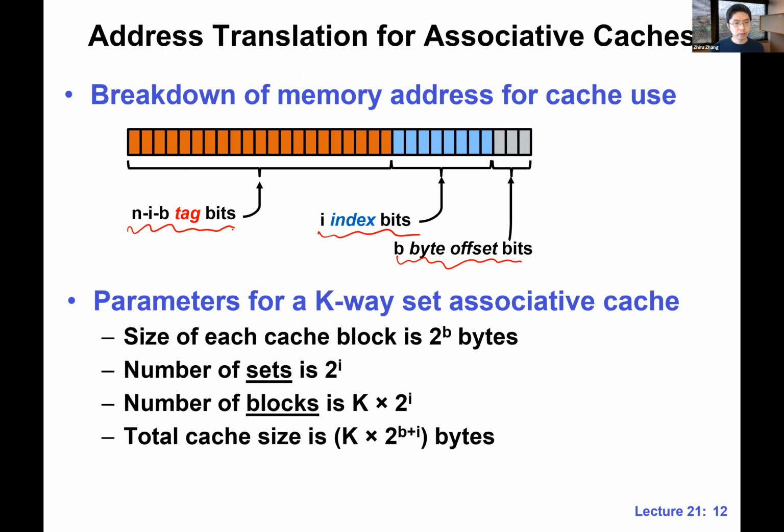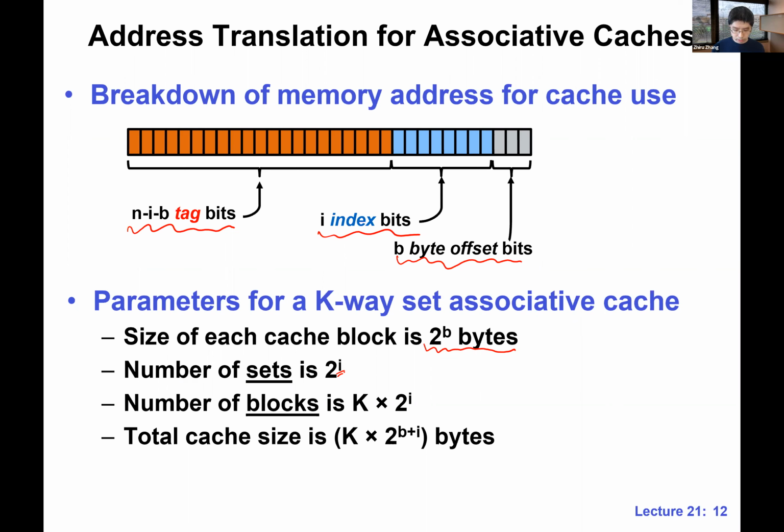All right, with this breakdown, we can again try to analyze the size of the cache. This is the size of the block: depending on how many bits we have for the byte offsets, we can decide how large the cache block is. Then given the index bits, we can determine how many sets we have: 2 to the I is the number of sets.